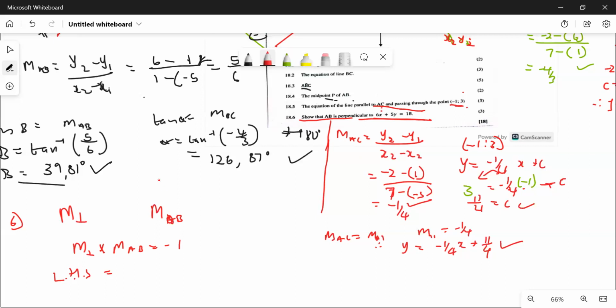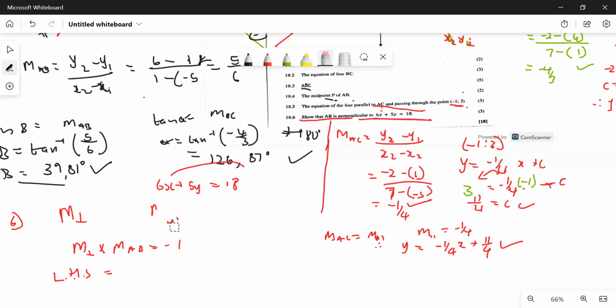So we have 6x plus 5y, which is equal to 18. We want to put this in standard form. What should you do first? Let's take 6x to the other side. If we take the 6x to the other side, we are going to have 5y, which is going to be given as minus 6x plus 18.